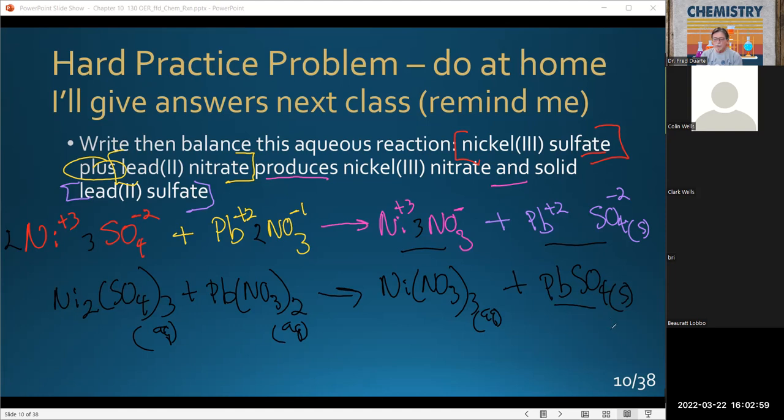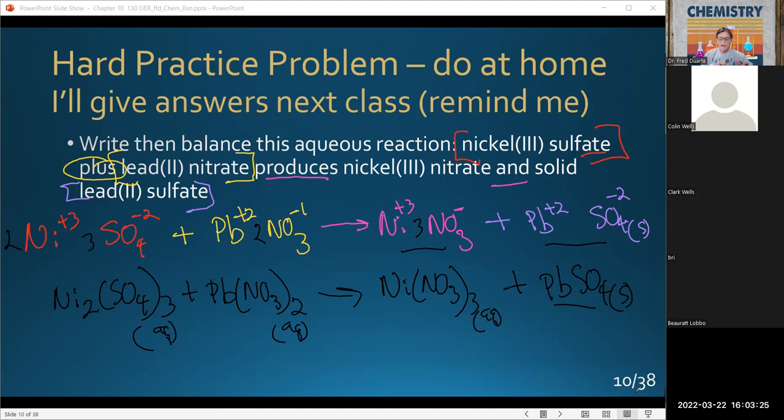If both of the products for these types of reactions were soluble based on the solubility rules, then we get no reaction. But one of the new products is insoluble, so this would be a positive reaction. This is what we call a single replacement reaction, and we'll talk more at length about this in a bit.